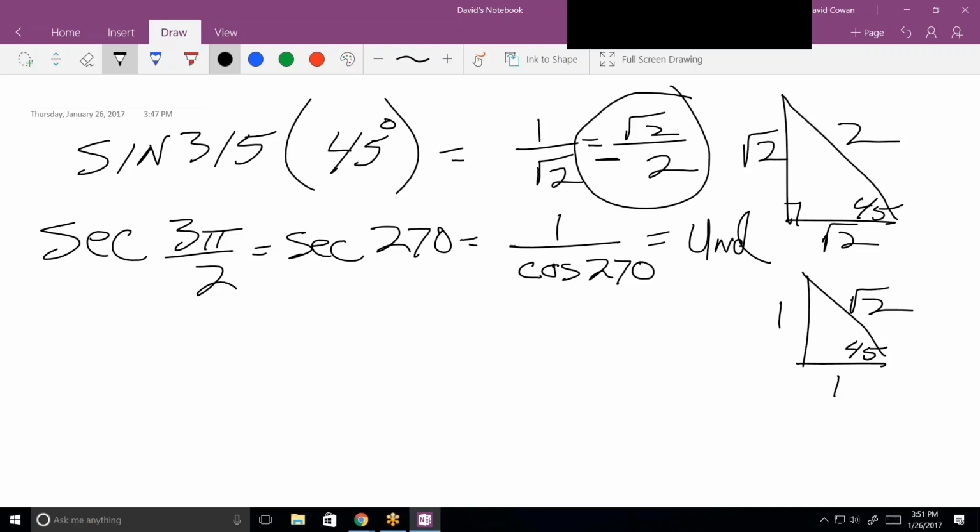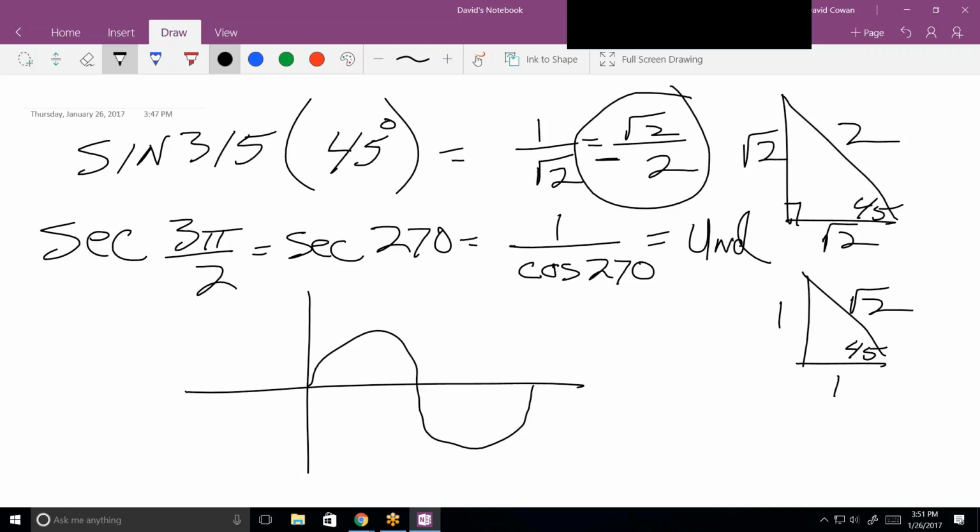Every single place. In other words, if I draw, say, the sine curve, every single place that is 0, there's going to be a vertical asymptote on the cosecant. Because at each of these spots, the cosecant is going to be division by 0.